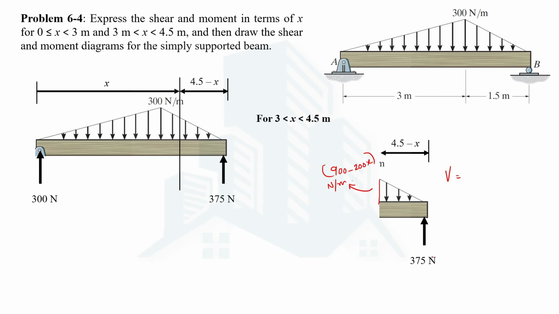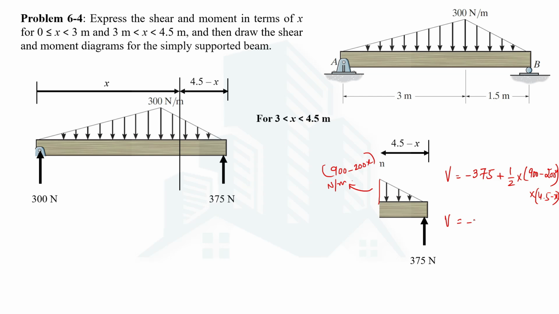So 375 Newton force is upward, hence negative, and there will be positive shear force caused by this triangular load. And if you calculate this load, that will be 2 multiplied by 900 minus 200x. This whole is multiplied with the distance, which is 4.5 minus x. So from here we have an equation of shear force for the distance from 3 to 4.5.